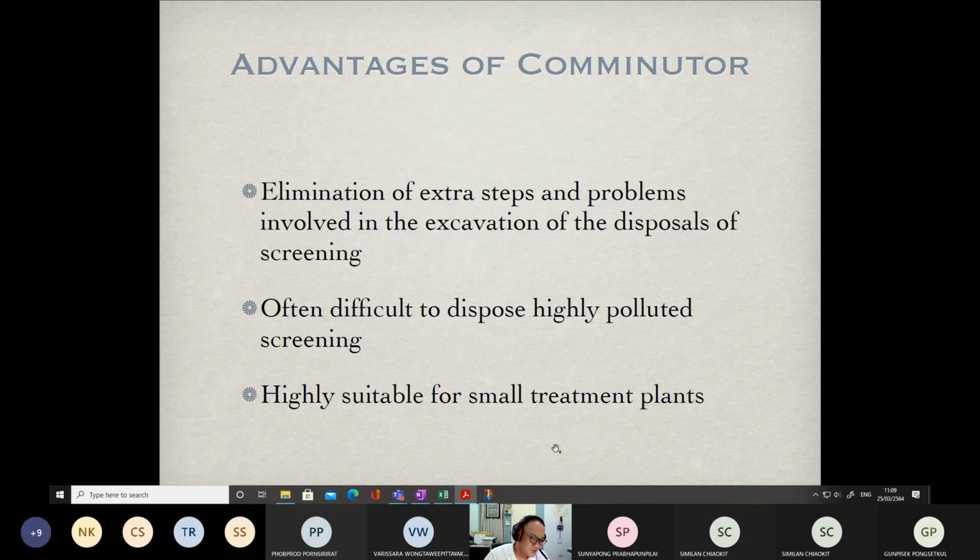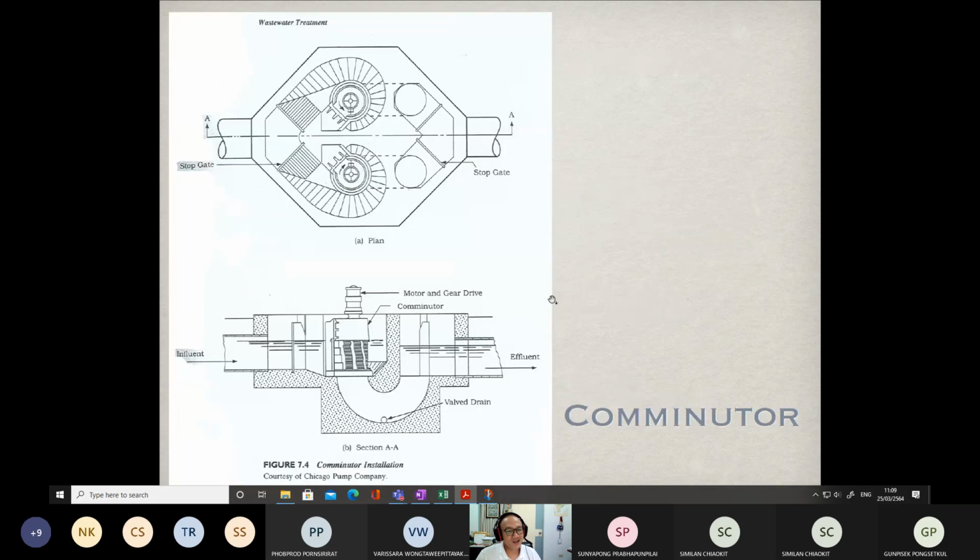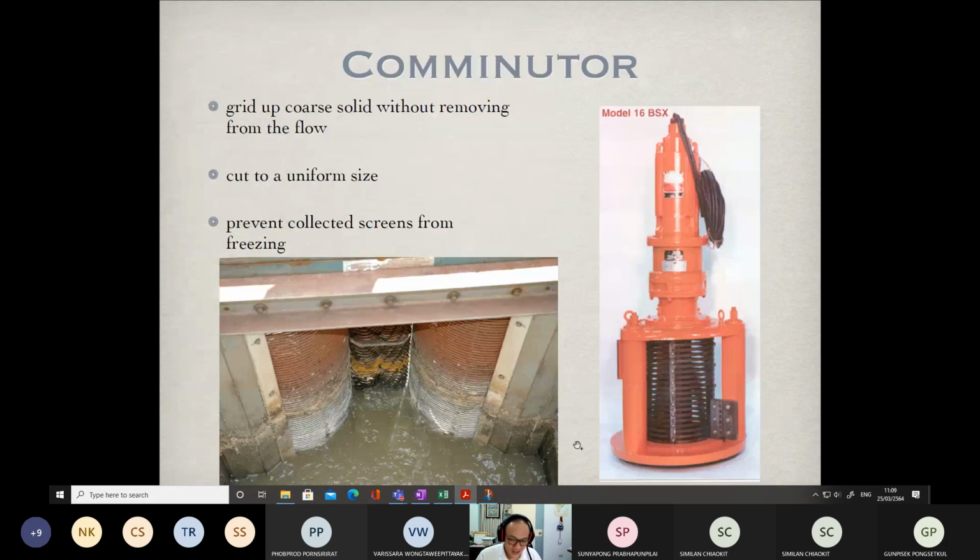Just like a centrifuge, which we use to separate suspended solids from water, as they are mechanical equipment, they are only suitable for small treatment plants. But this equipment also poses several disadvantages. You need to change the cutting tools after some time of operation, because as they are steel, there must be some corrosion.